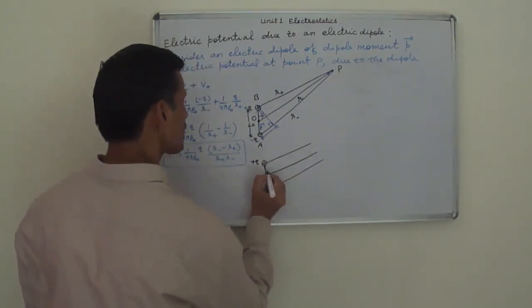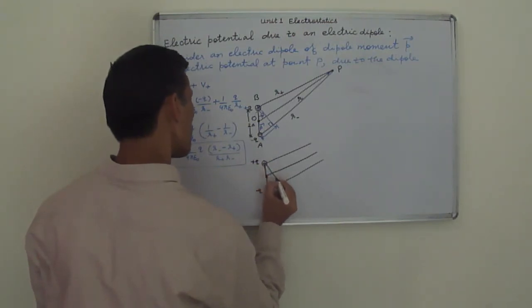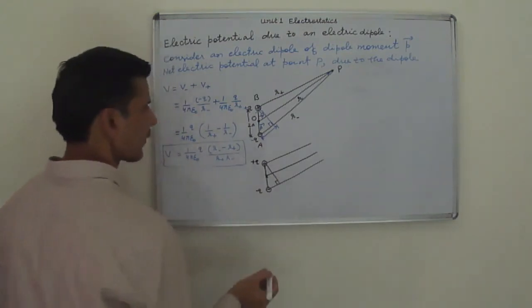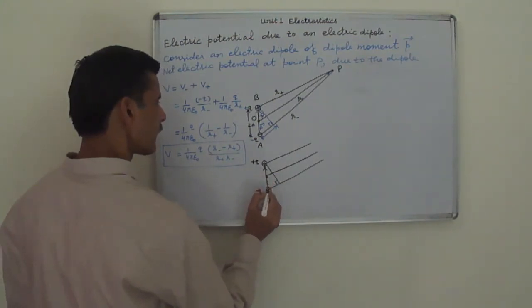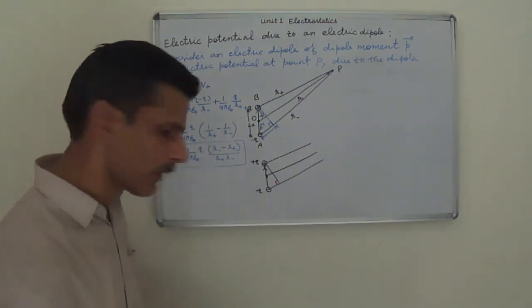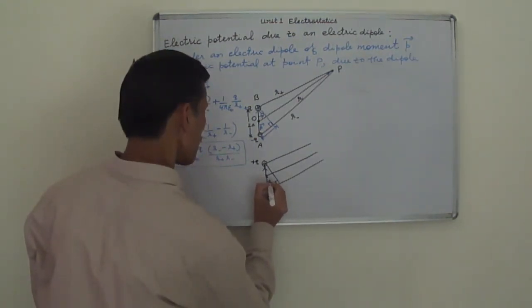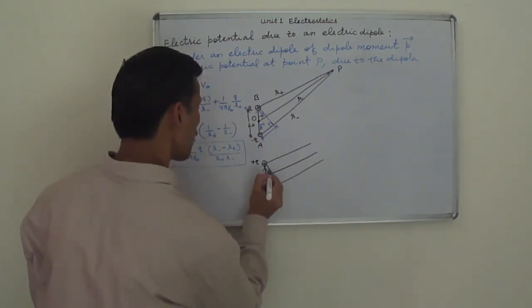So here in that case, this is dipole moment vector P vector. This angle we have taken theta.